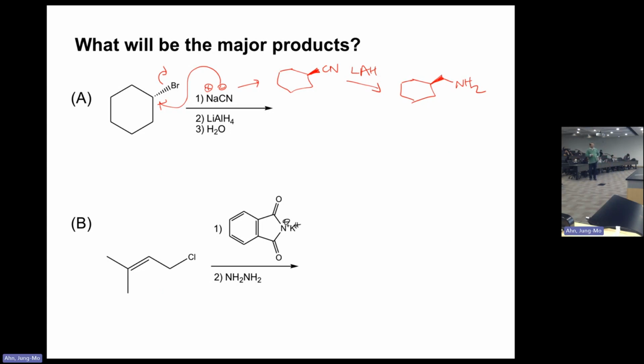Anyway, that's what happens. This reaction here: if you recognize phthalimide anion, that's benzene with two carbonyls in ortho positions, called phthalic acid. Phthalic acid makes a cyclic structure with an amine, called phthalimide.